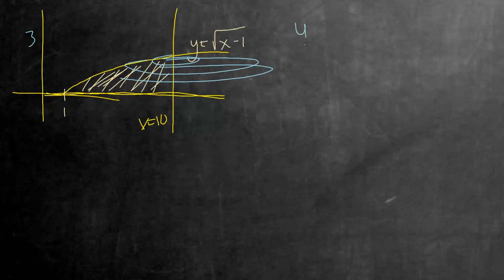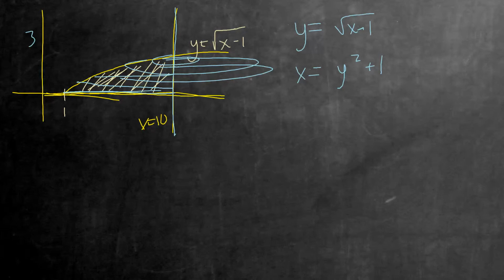So if y equals the square root of x minus 1, if I square and add the 1 over, x equals y squared plus 1. So that's what x is. And then x is also 10.